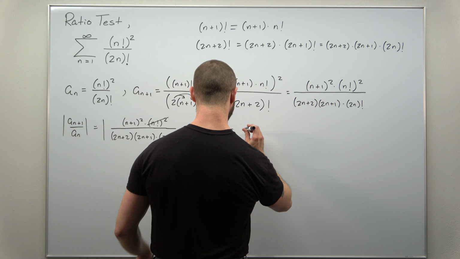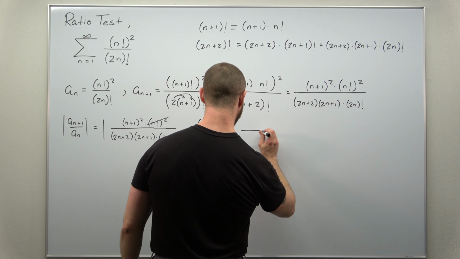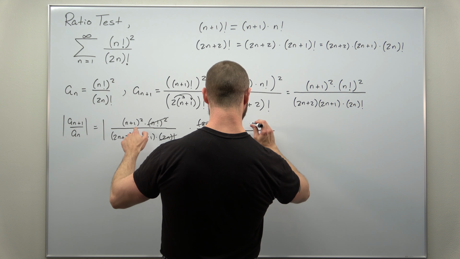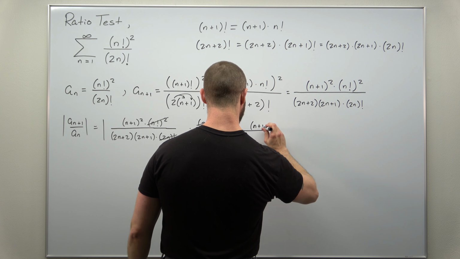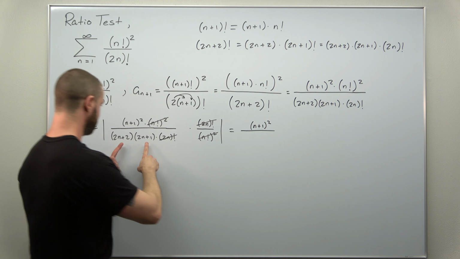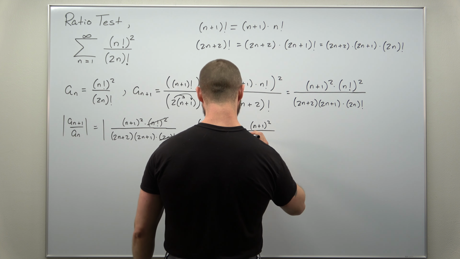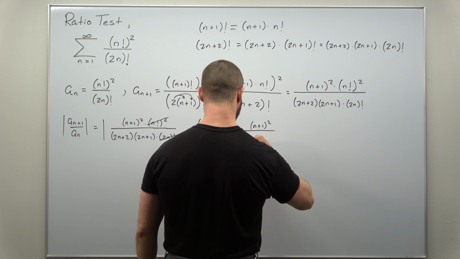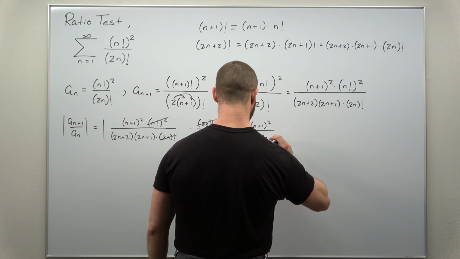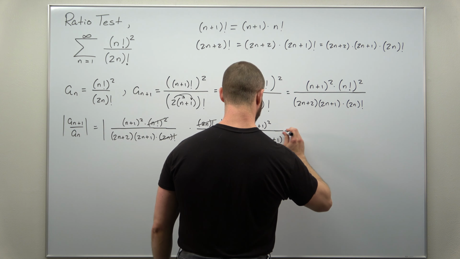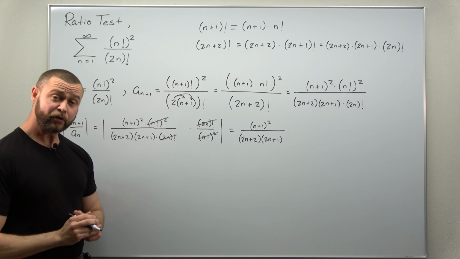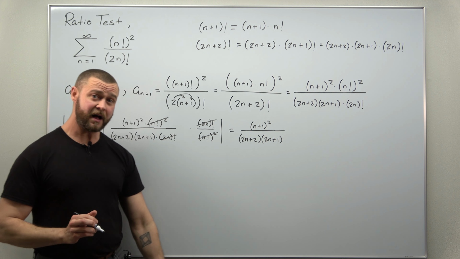And it looks like what we get for our simplified absolute value of the ratio is n plus 1 squared divided by 2n plus 2 times 2n plus 1. All right, and that looks like a very simple limit to evaluate.